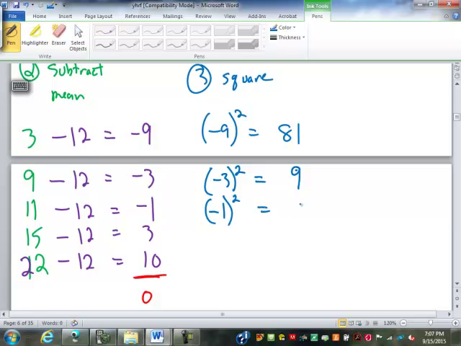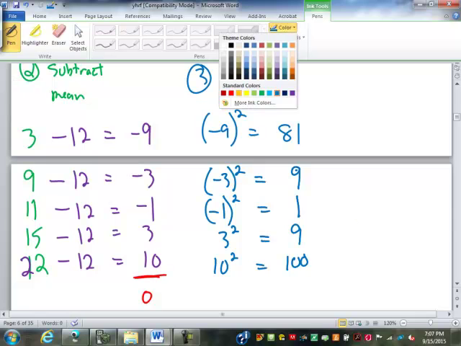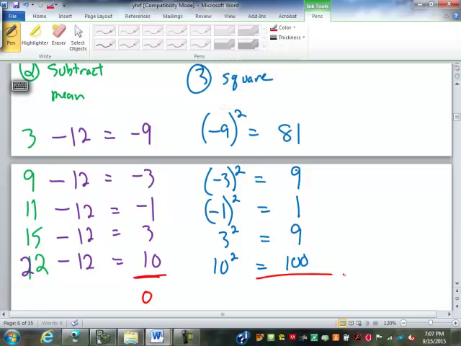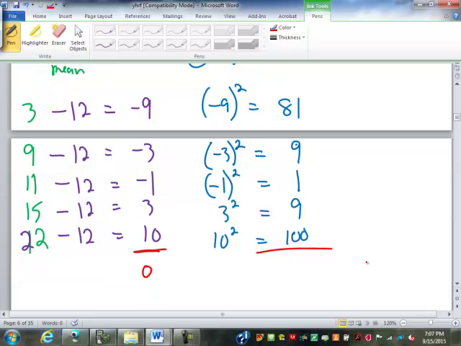Negative 1 squared is 1. 3 squared is 9. And 10 squared is 100. What's step 4? Find the sum. Add them up, which is going to give us 200.